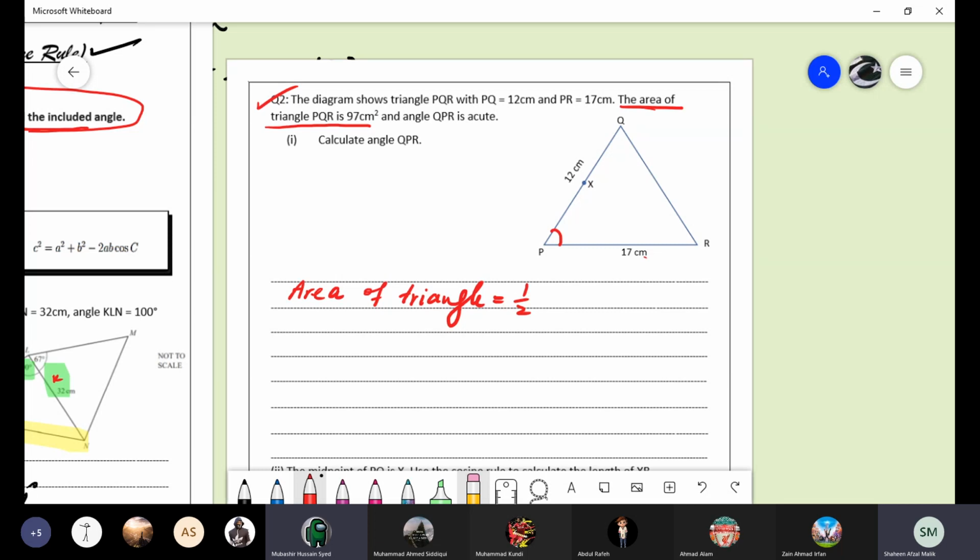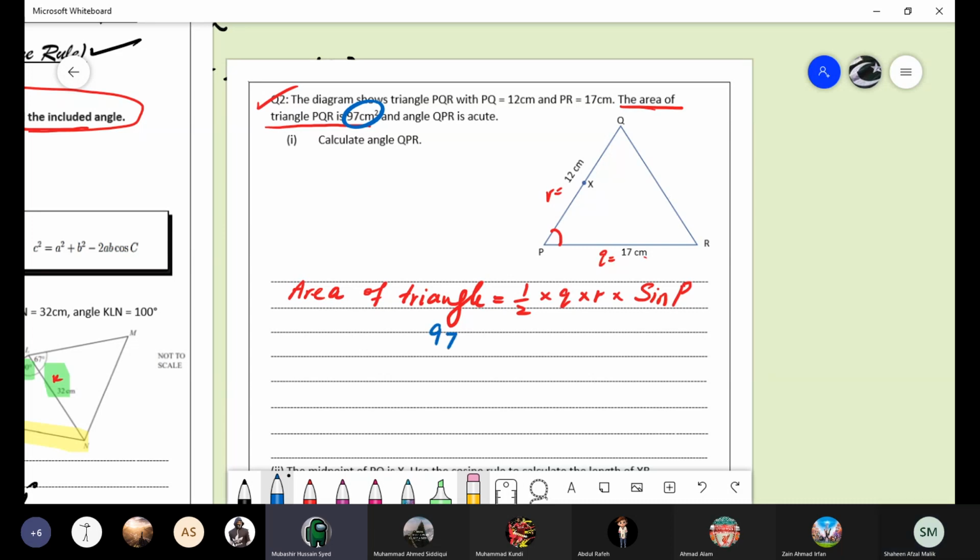Opposite to Q, this is Q. Opposite to R, this is R. So it will be 1/2 multiplied by Q multiplied by R and multiplied by sine of P. Okay. So substitute the values that are given to you. Area of triangle was already given.